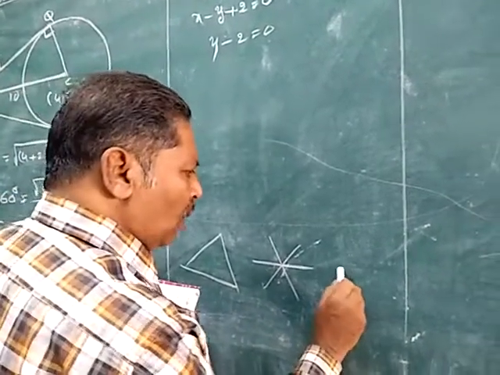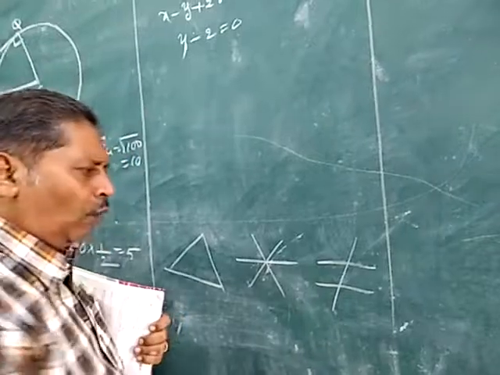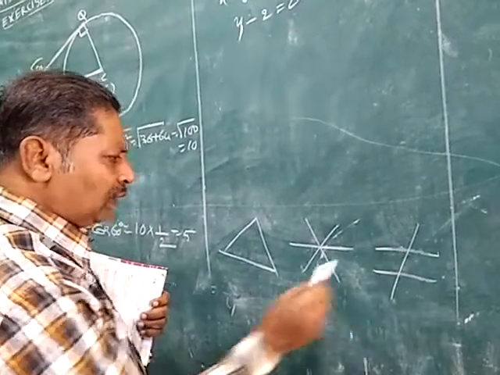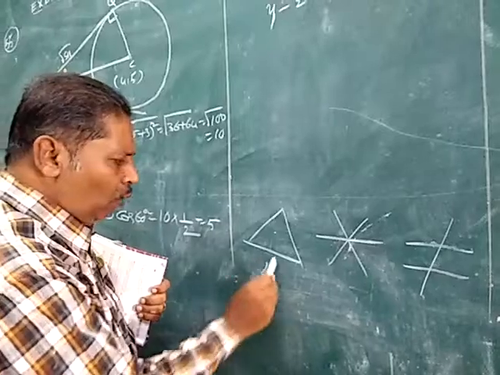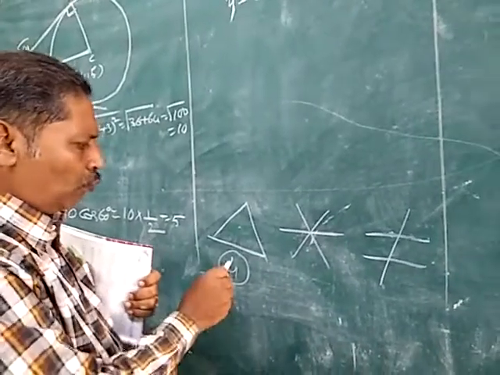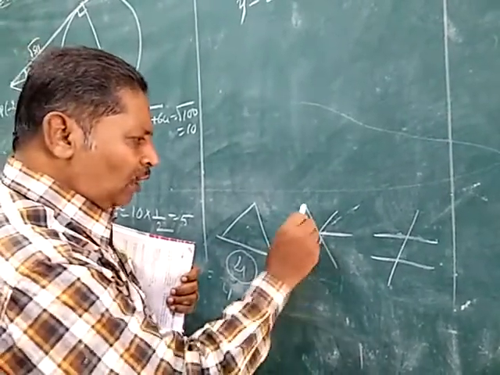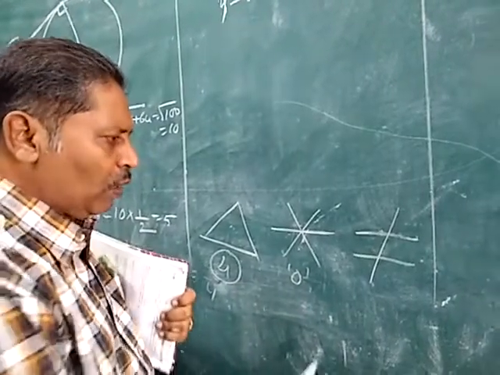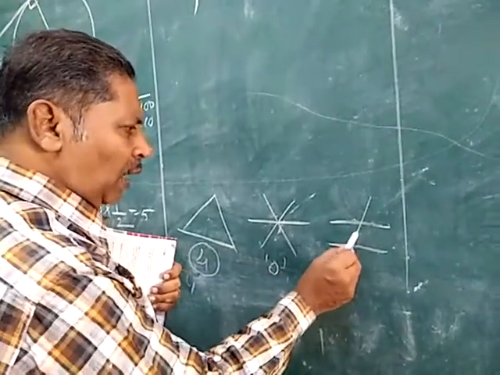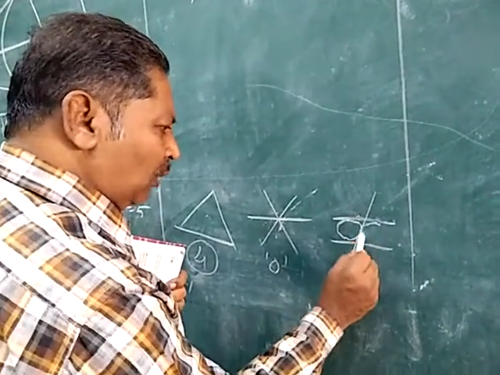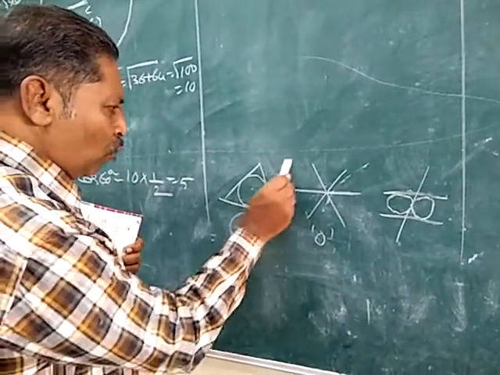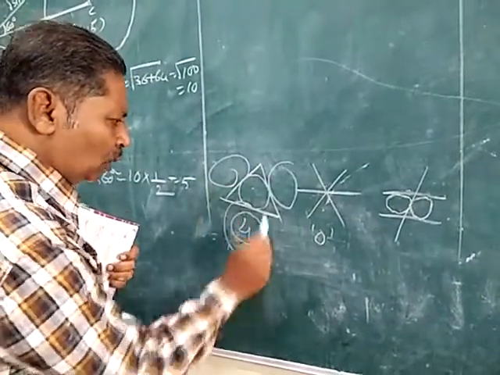Third one, suppose two are parallel lines. In this case, we have four circles. Suppose the lines are concurrent, so the number of circles equals 0. Suppose two lines are parallel, the number of circles equals 2. So there are 4 circles, or there is no circle.